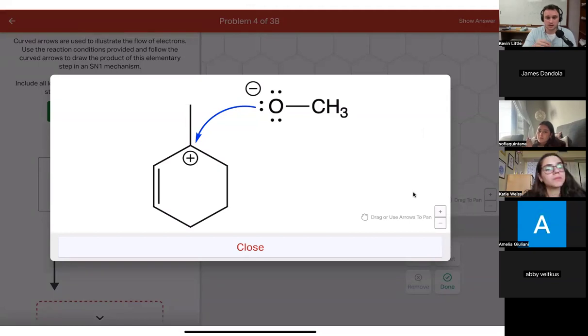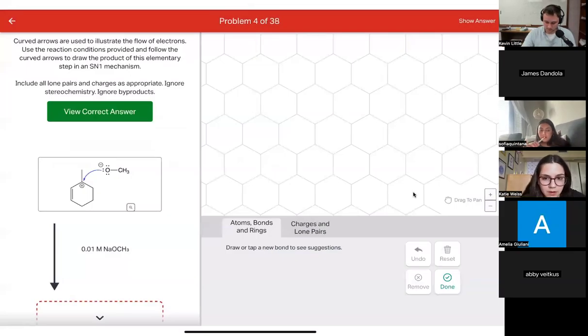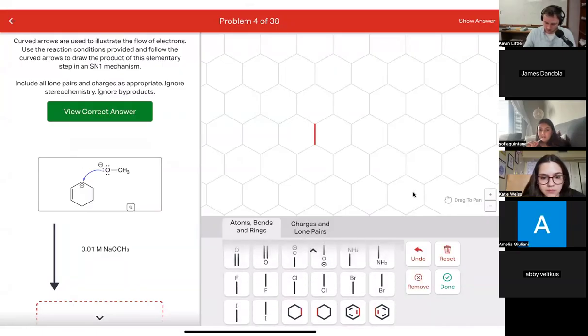So what is that oxygen doing with those electrons? Is it forming a bond? It's using them to form a bond. It is sharing them with that positive carbon, right? It's saying, I've got a negative charge, you've got a positive charge. Let's share these electrons. So I'm going to draw this straight up like this.